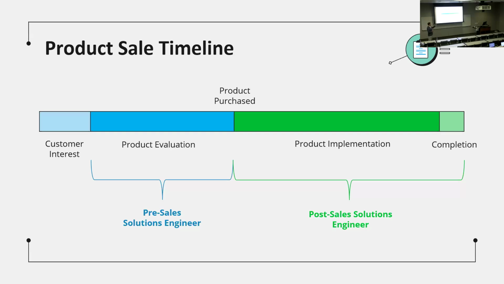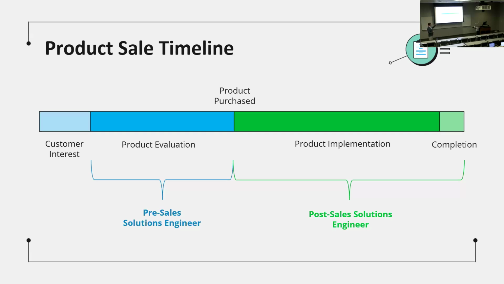And then the post-sales solutions engineer comes in and actually builds the APIs, builds the software on top of Scale for that specific customer. We'll take the example of Chevron. The post-sales solutions engineer might work with Chevron, help put them on Scale by creating a big data pipeline that pushes all of their data gathered from all their pipelines and refineries through Scale, and then stores that in some sort of database.